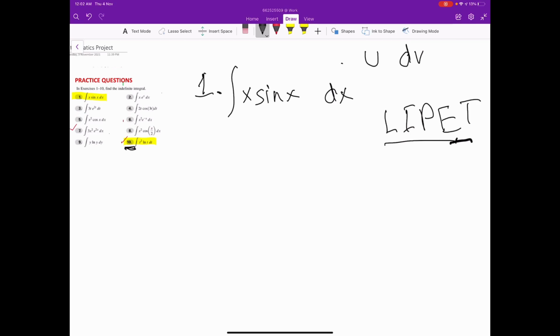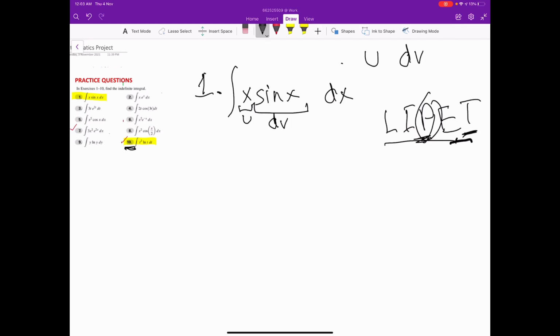Which one comes first, the polynomial or the trigonometric? Obviously the polynomial. So we will take this polynomial as our u. Now we identify the u. Whatever is left is our dv. Make sure to mark your u and your dv so you can always note it in your mind. Now we identified both u and dv.